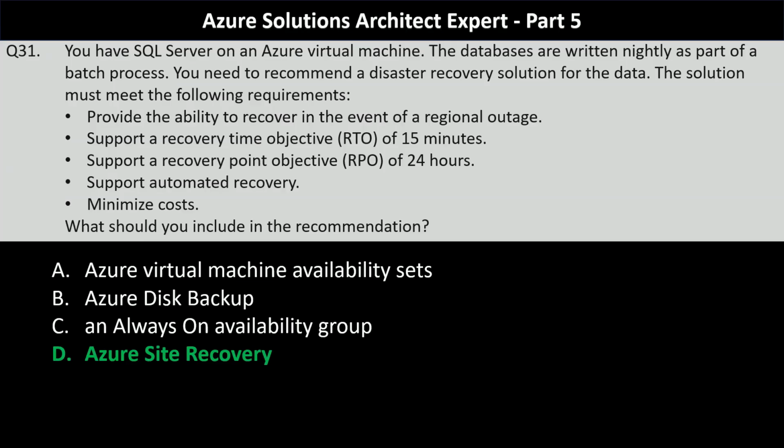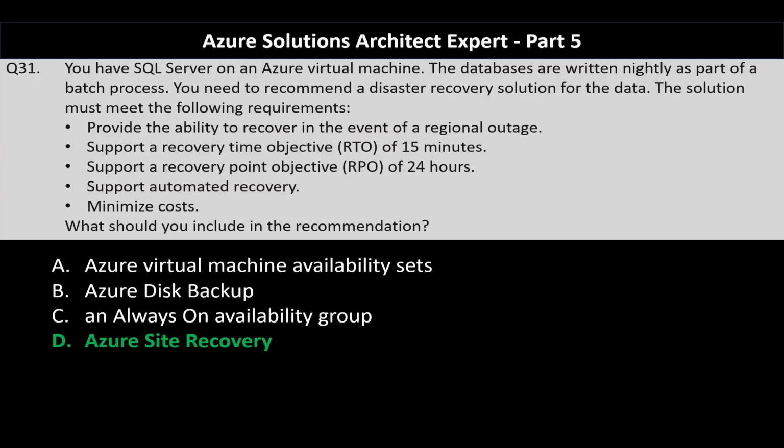They do not protect against regional outages, so it can be ruled out. Then the next option, disk backup, provides data protection but does not provide automated failover or protection in case of regional outages, so you can rule this one out as well.